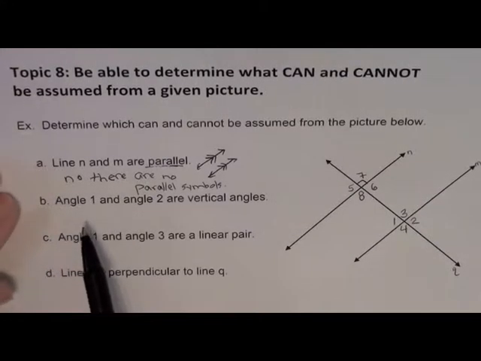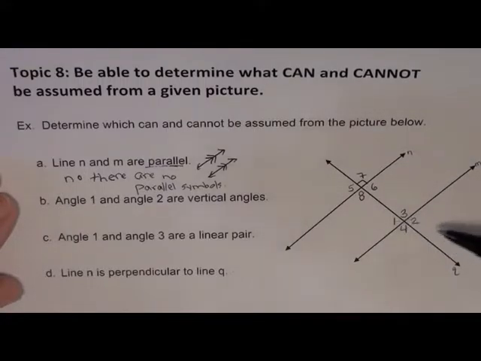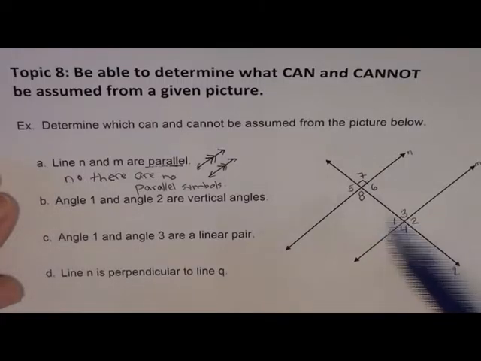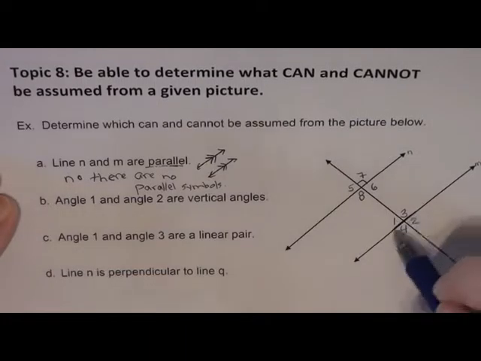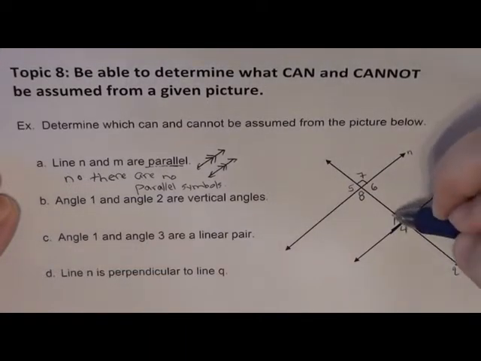Part B, angle 1 and angle 2 are vertical angles. Well, angle 1 is over here and angle 2 is here. Vertical angles are angles who are opposite one another in an X. So the question becomes, is there an X here with the 1 and the 2? Well, what I see is a line that goes this way and a line that goes this way.